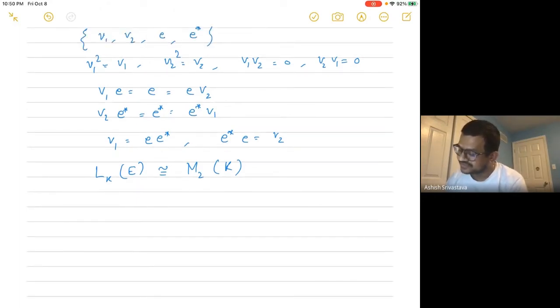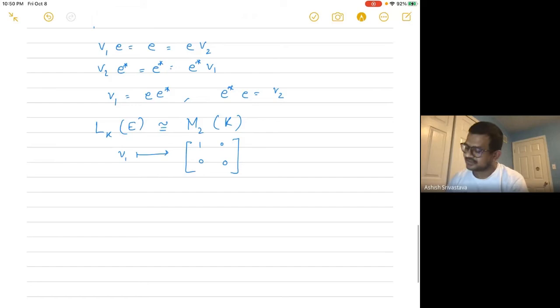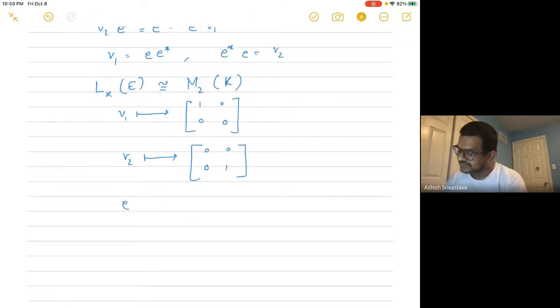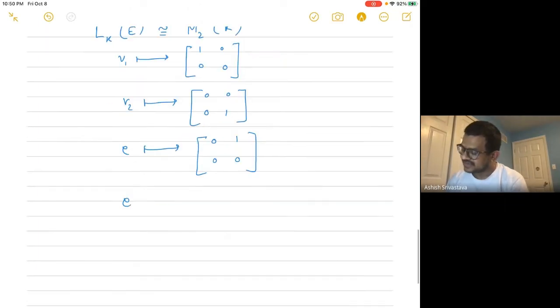So we can associate V1 to 1 0 0 0, V2 to 0 0 0 1, E to 0 1 0 0, and E star to 0 0 1 0.